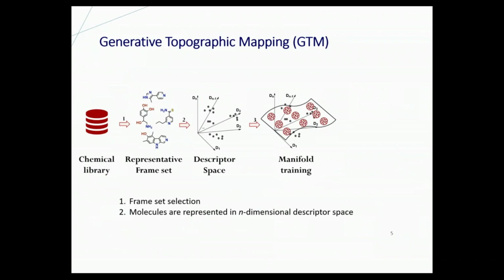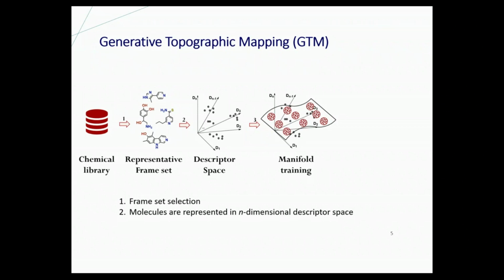So technically, GTM works as follows. One has a chemical library, well, a chemical problem, like we want to map a representative chemical subspace. Let's be modest, we're not going to ever map the entire chemical space.